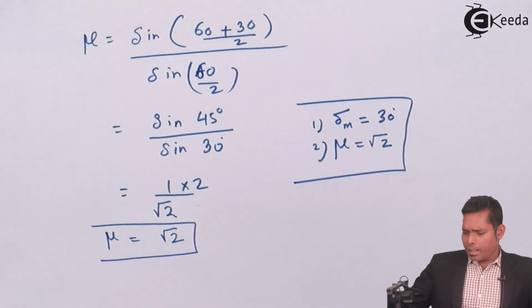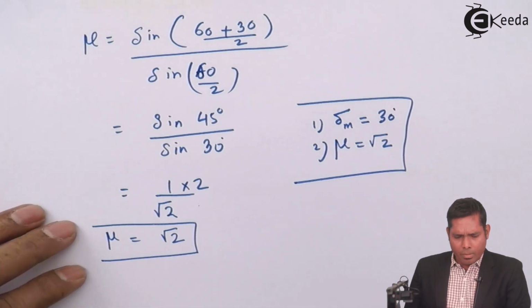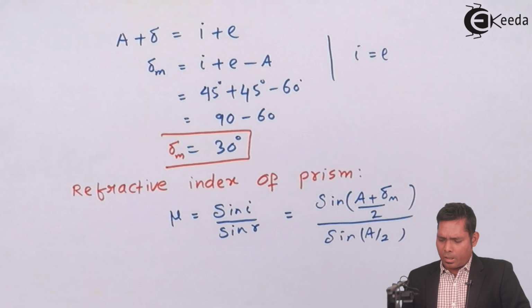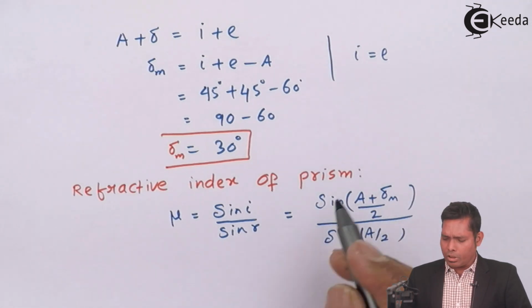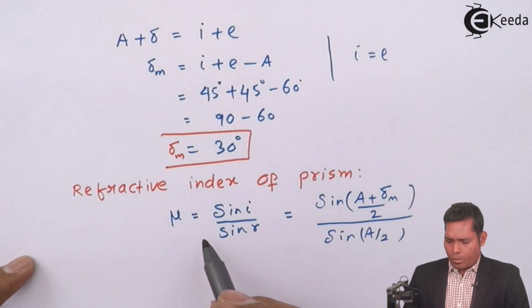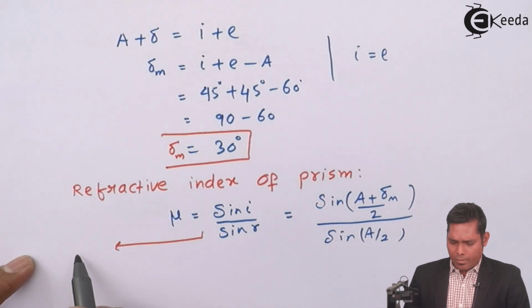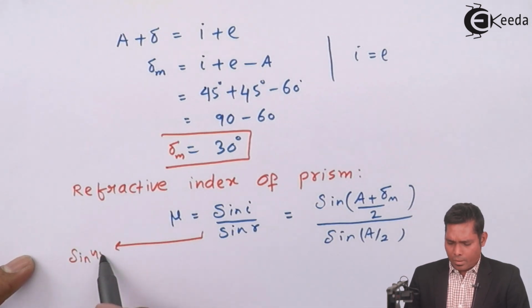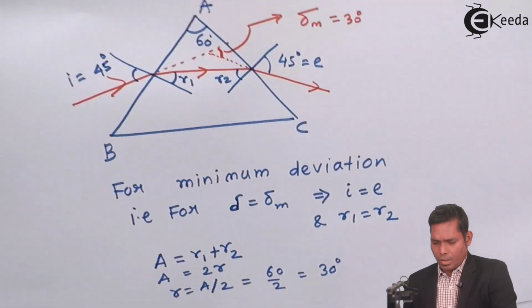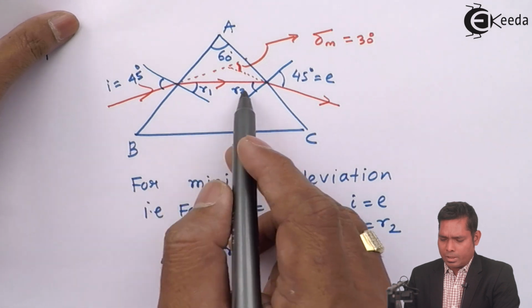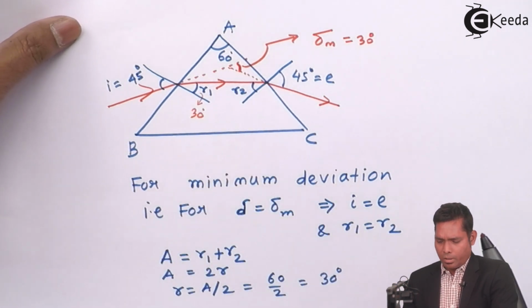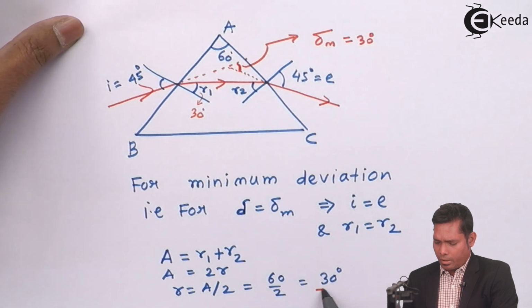Another way is that we can also solve by directly putting, as I told you, we don't have to go for these lengthy calculations. We can directly go for sine I and R. If I use this one, then I will have sine of 45, because I is 45, you can see here I is 45, and R comes out to 30 here.